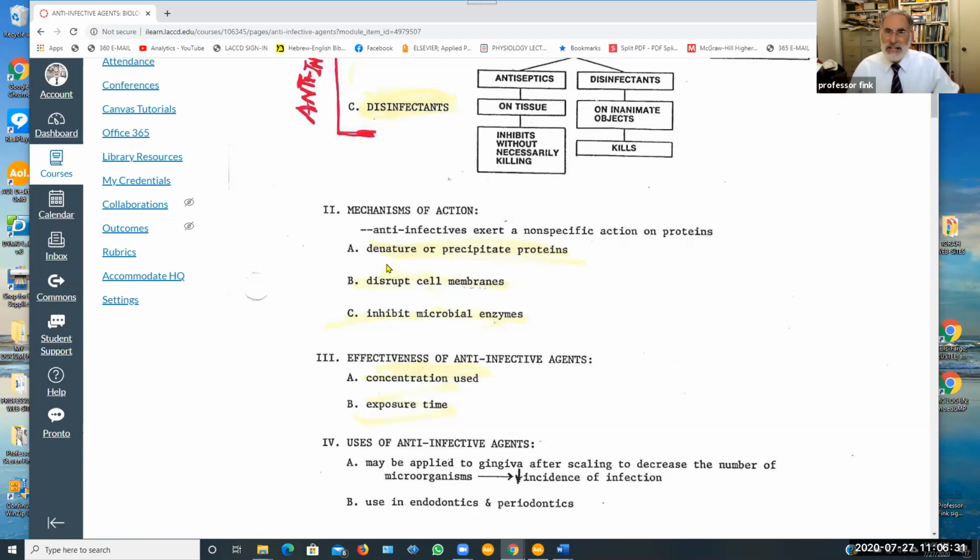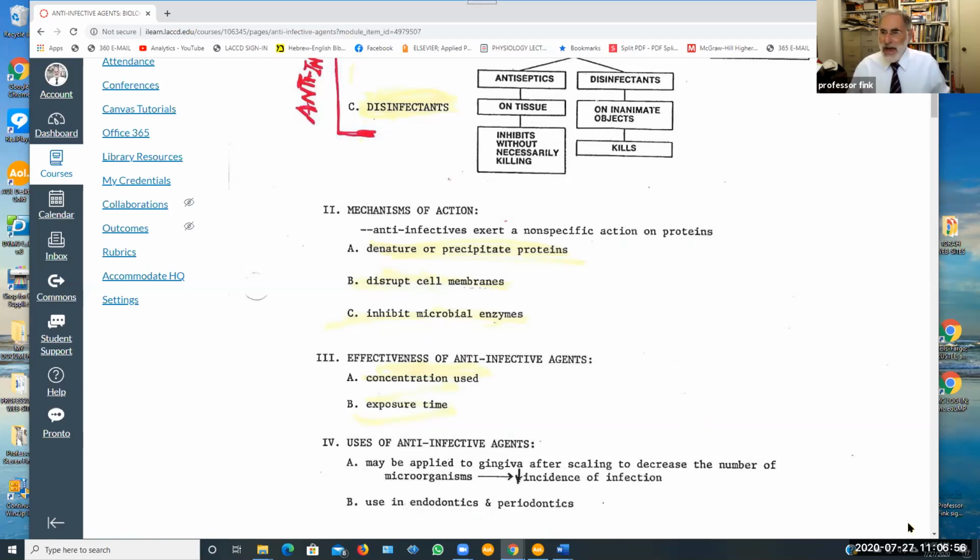So they denature or precipitate proteins associated with a microorganism. They disrupt cell membranes by acting on the proteins in that cell membrane, or they inhibit microbial enzymes. And what are enzymes? Enzymes are chemically proteins. So basically, that's how the antiseptics, disinfectants, or anti-infectives work.